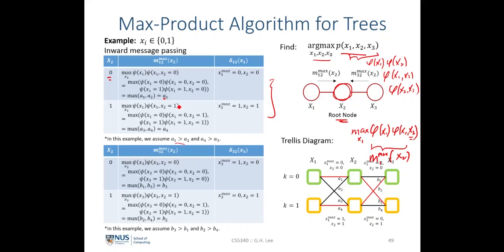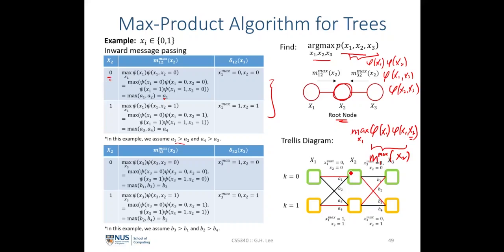In this case, we can visualize this in a trellis diagram. Suppose that these two states represent the two possible states of x1, and these two states represent the possible states of x2. So the choice is the multiplication of these two potential terms over the two different states of x1, subject to the condition that x2 is held at the state of 0.